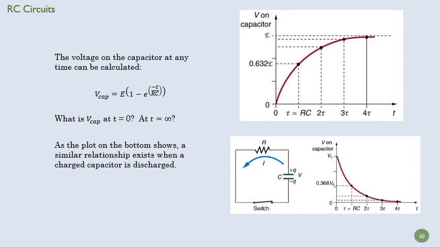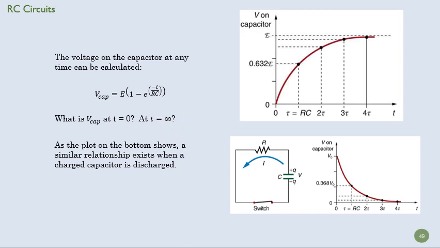Because we're saying that at the initial point its voltage is 0. So 0 over RC, that's always going to be 0. E to the 0, anything to the 0 is 1. 1 minus 1, so this term is 0. And so it's going to be 0 times your EMF. In other words, your initial voltage is 0.